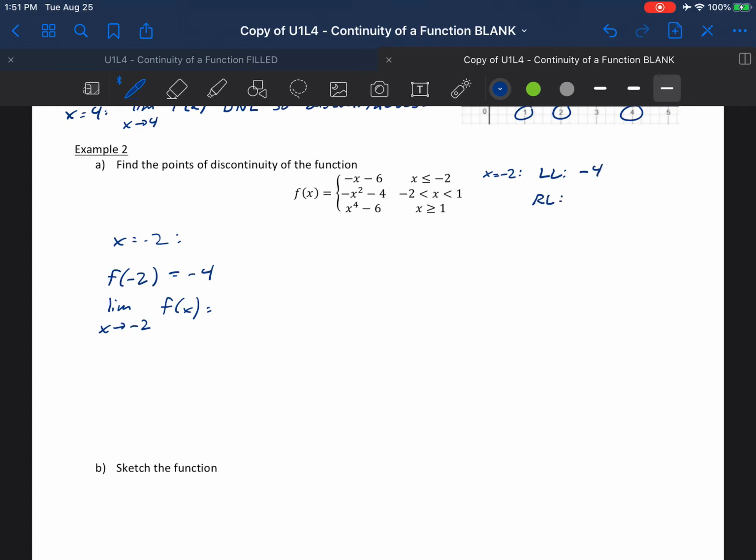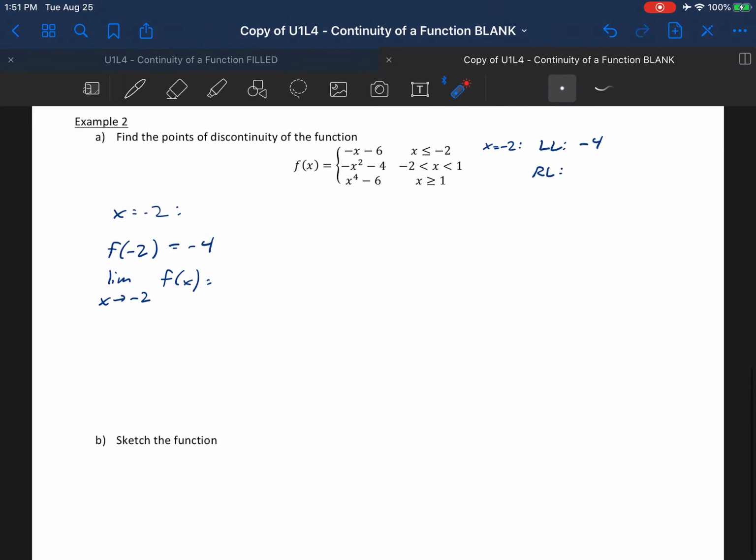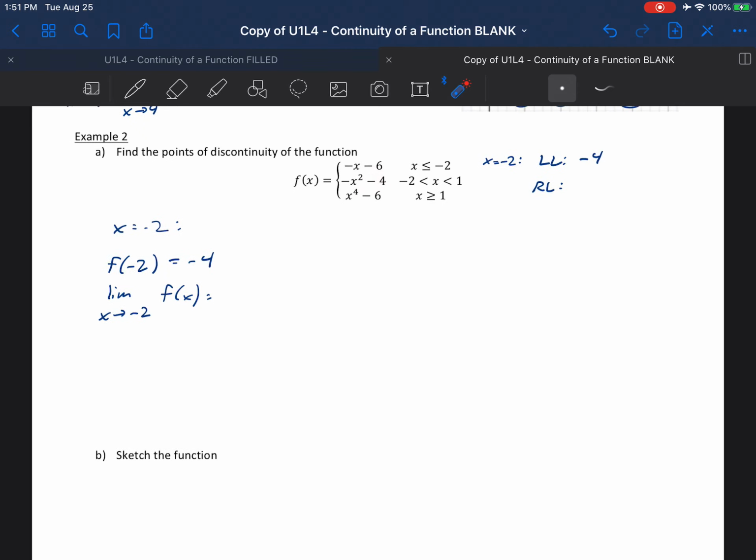Okay? From the right of -2, we've got to use this function. And if we plug in, -2 squared is 4, times -1 is -4, minus 4 is -8. So, got a problem. These two one-sided limits are not the same number.